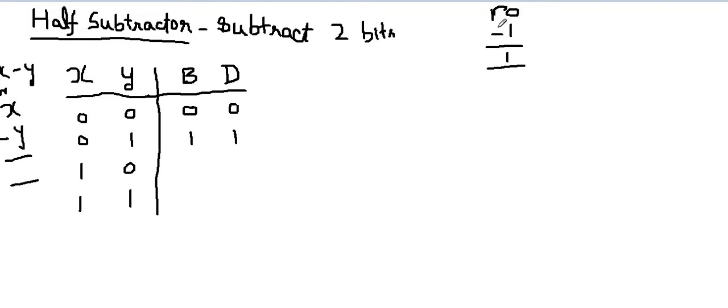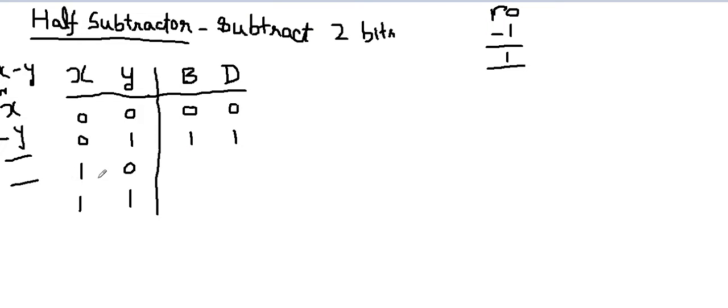For that scenario, when we have more than 1 digit for the subtraction, that's why I have written borrow here: when x is 0 and y is 1, we have to take the borrow. So that's why I have written 1.